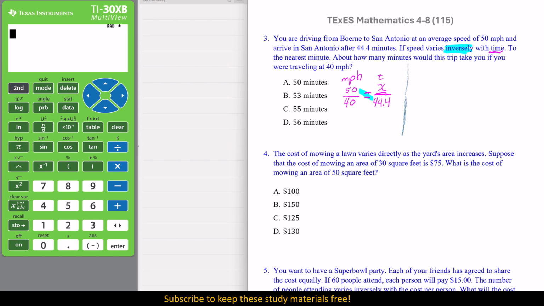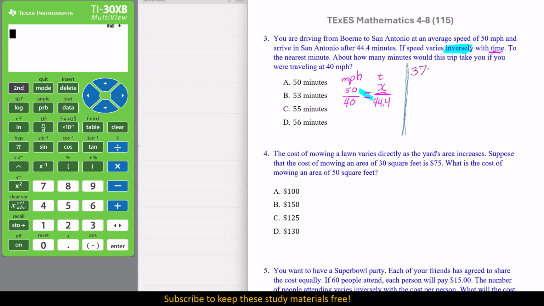I'm going to draw a line here and change colors. I'll write a few things out for you, and you can stop the video, and when you're done, go back and prove this to yourself. Play around with the numbers and you're going to see that I'm on to something. I calculated the actual miles from Bernie to San Antonio, and I know this because I drive it very often.